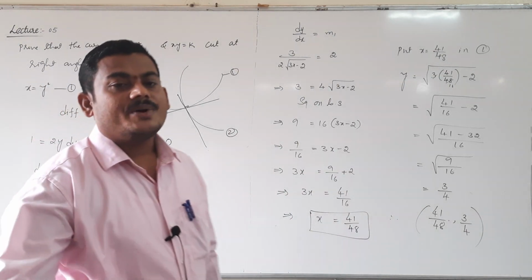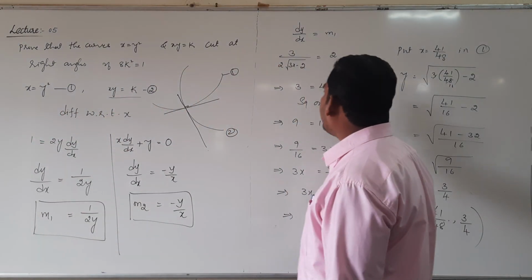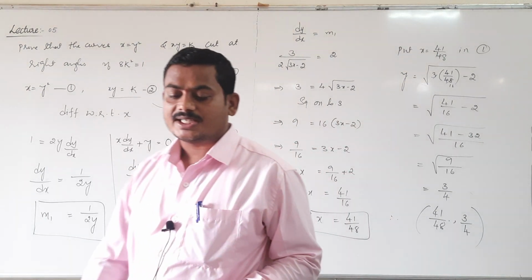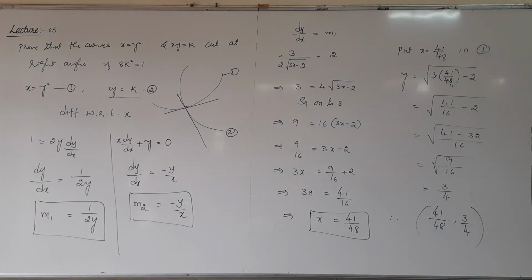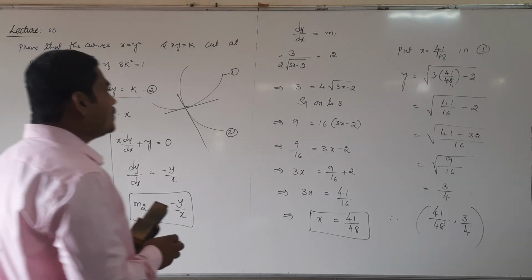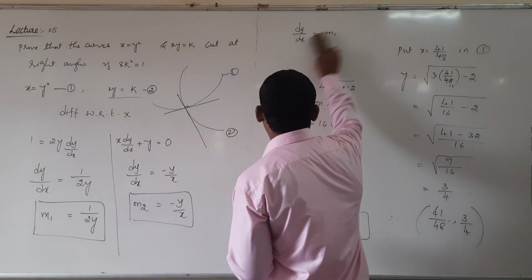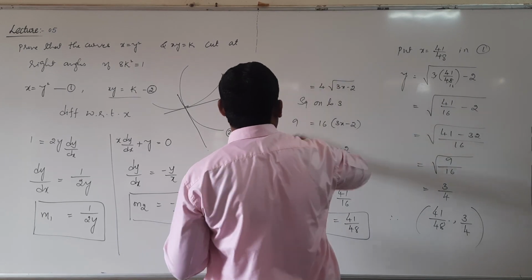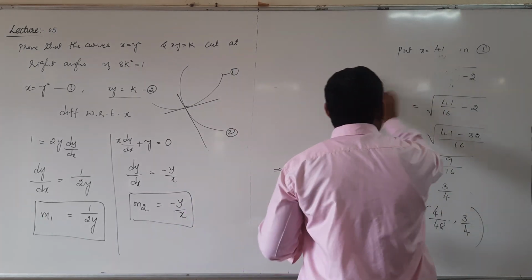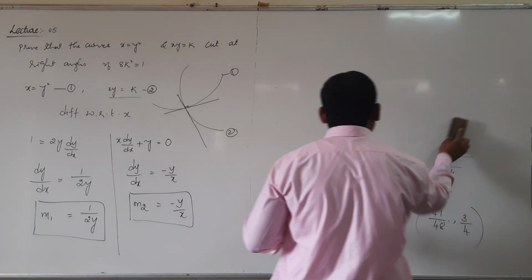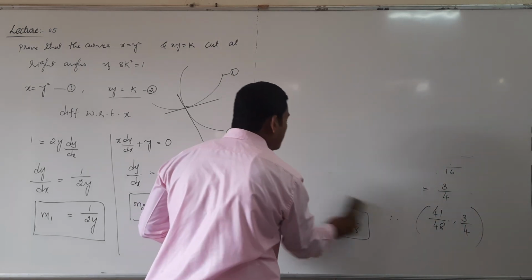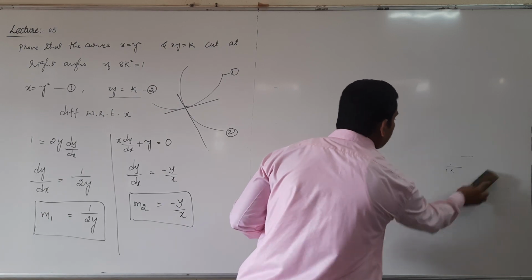Clearly they have given that the two curves are perpendicular to each other, or the two curves cut at right angles. This means their tangents are perpendicular. Once tangent lines are perpendicular, then the product of their slopes equal to -1, right?